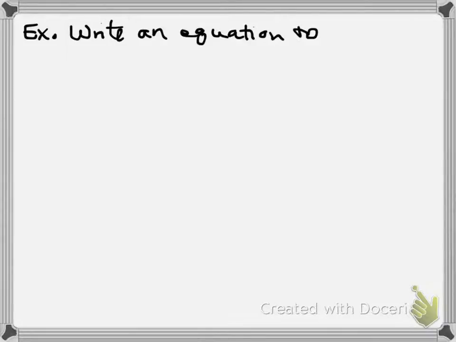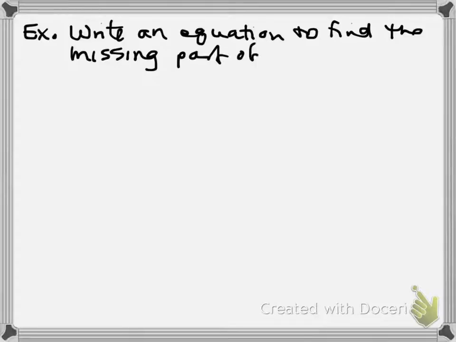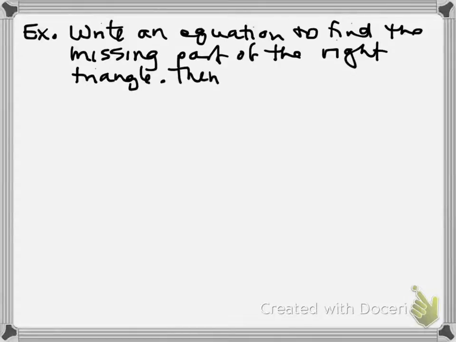So first one, the directions are going to ask us to find or write an equation to find the missing part of the right triangle, then find the missing part, or the missing length.